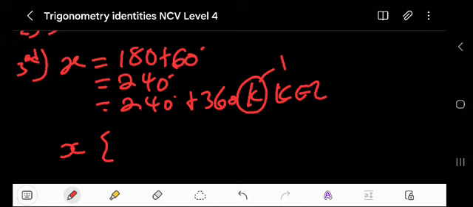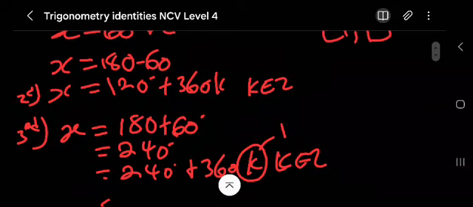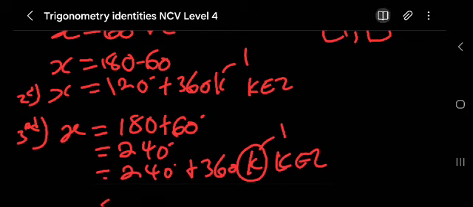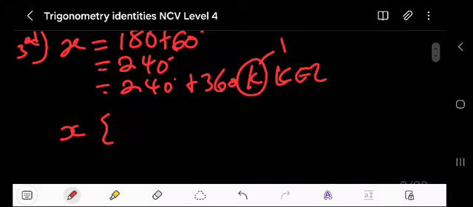Okay, let me check from the first quadrant. That one does not work. Let me try and replace k with 1 there. 120 plus 360, that is 480, which is not there. I replace again with 1/2. It's 300. So we have 300 here.